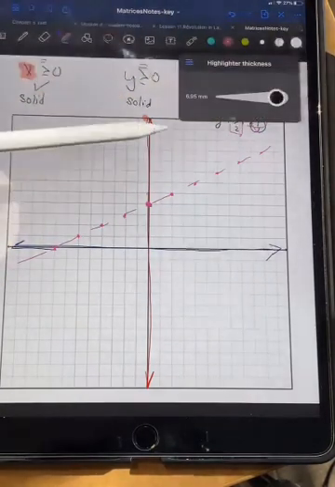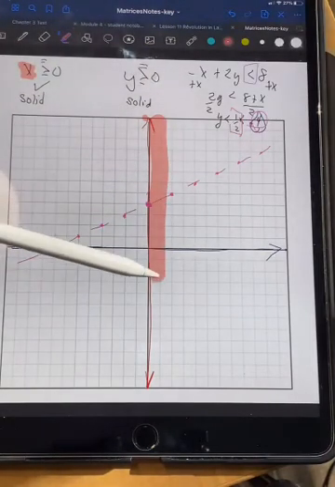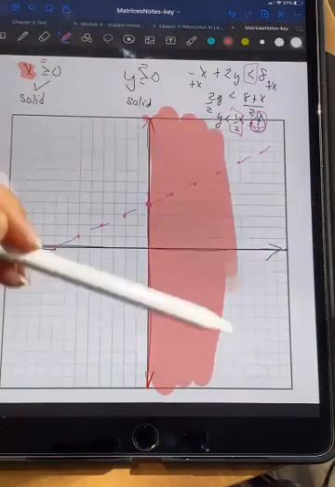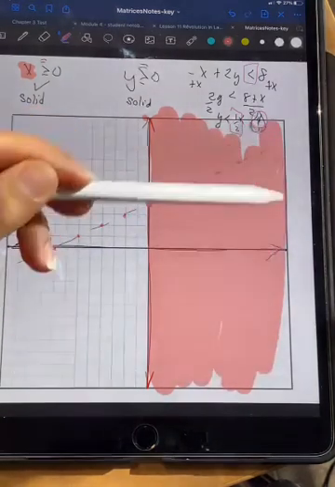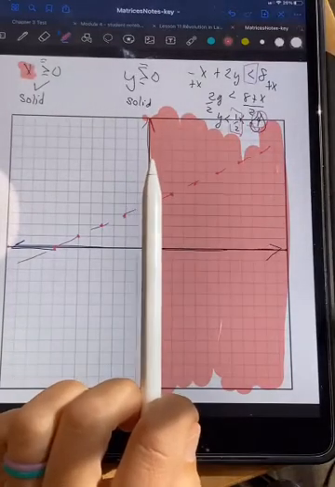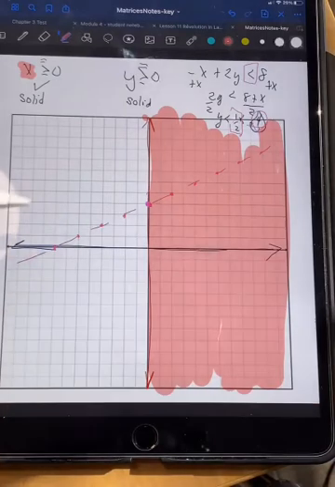If we are going to look at all positive x's, we want to shade the positive x side of this graph for that line there. Okay, so if my line is vertical, I need x's that are positive. So we're moving over here into the positive form of x.